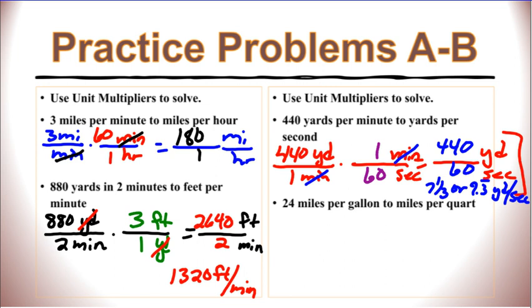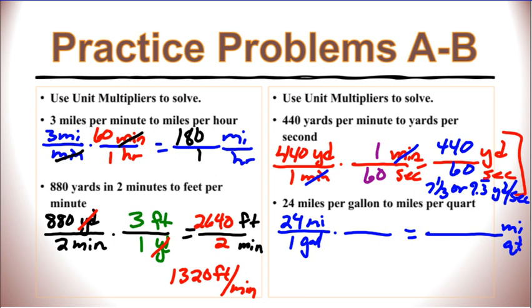And this last one here, we got 24 miles per gallon. Need to multiply it by a unit multiplier, so my answer will be in miles per quart. So I need to use a unit multiplier that has gallons and quarts.